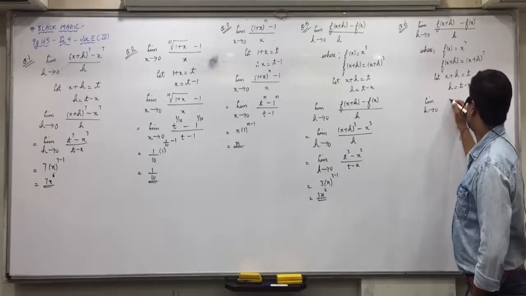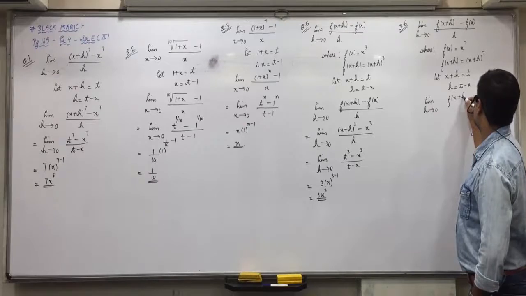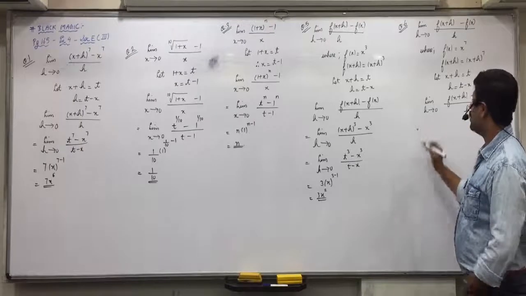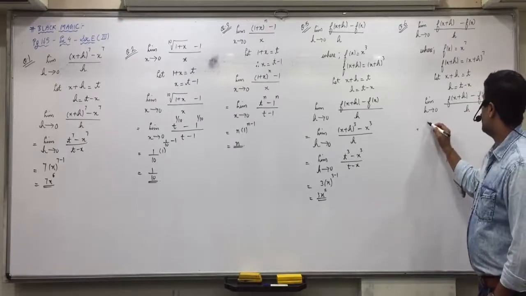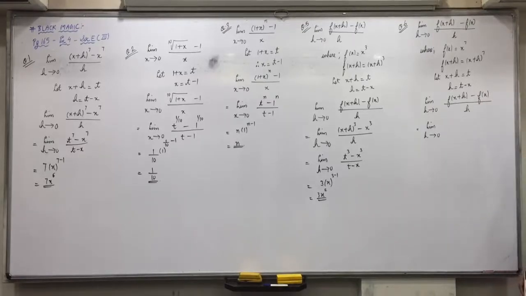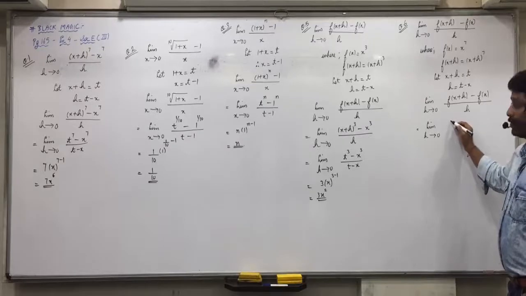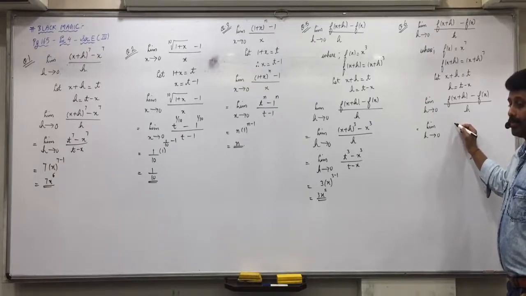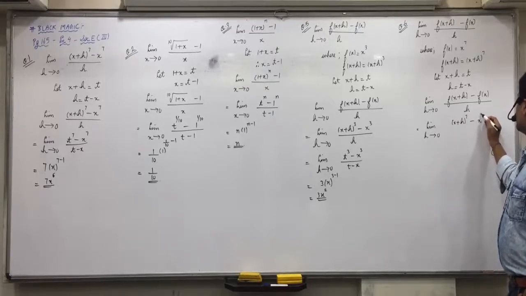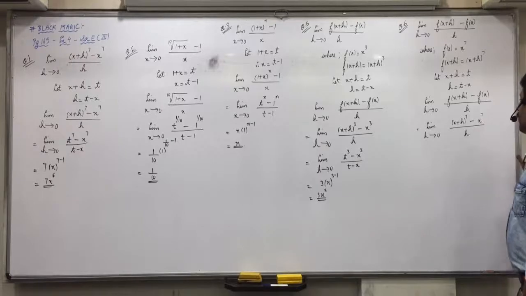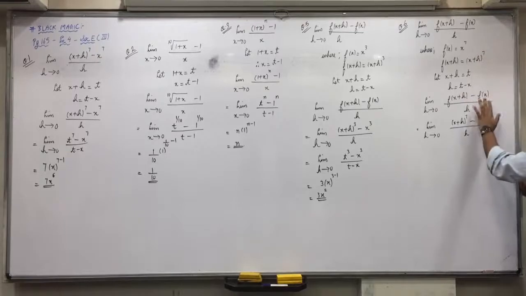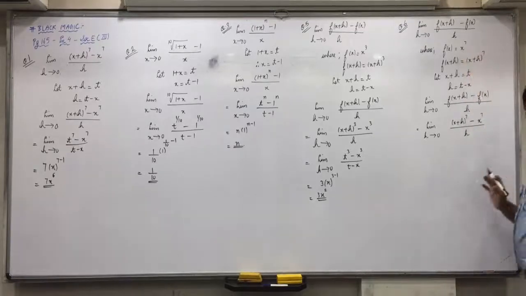Limit h tends to 0, f(x + h) minus f(x) upon h is equal to limit h tends to 0, (x + h) raised to 7 minus x raised to 7 upon t minus x. First we keep h only. In place of f(x + h) we substitute (x + h) raised to 7. In place of f(x) we substitute x raised to 7. Did you all understand this?